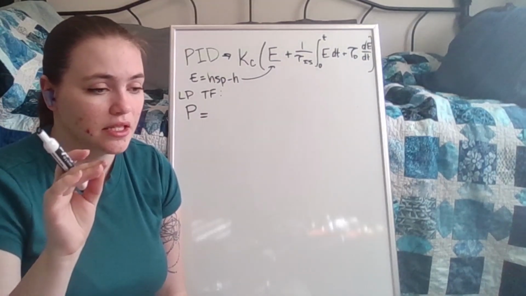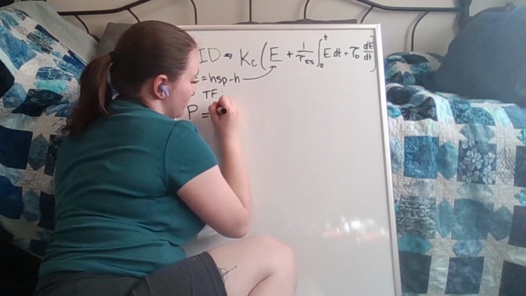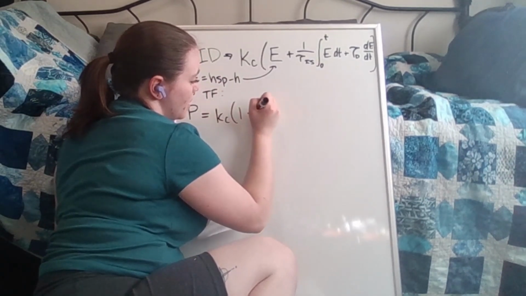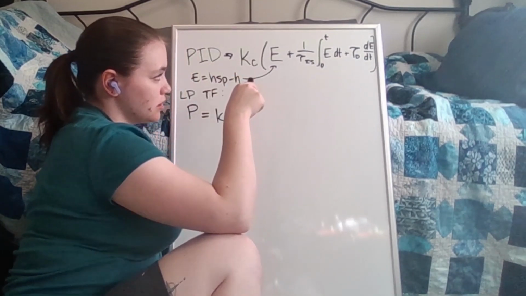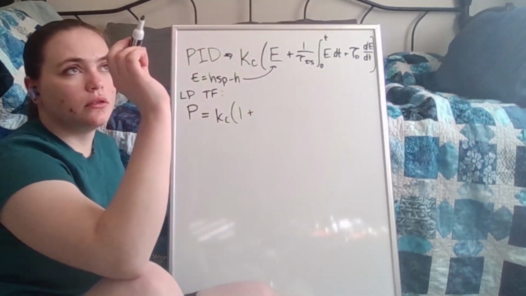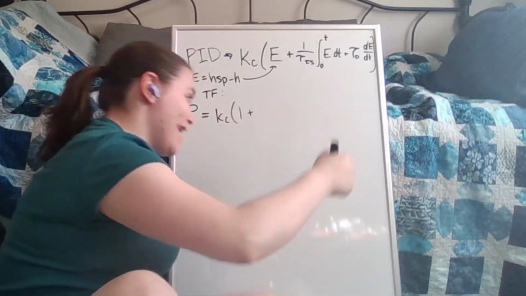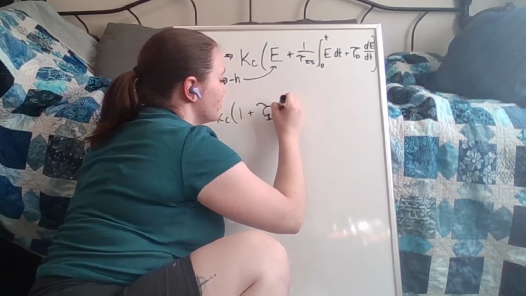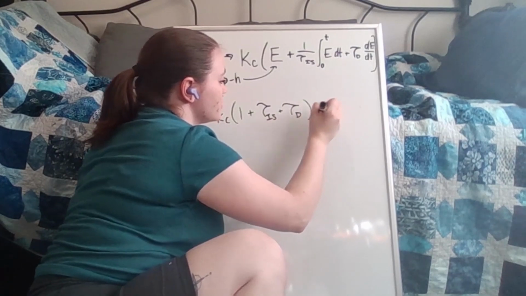Let me just write it out. So our proportional gain times 1 plus tau d, no, I'm wrong, it's tau d times e.